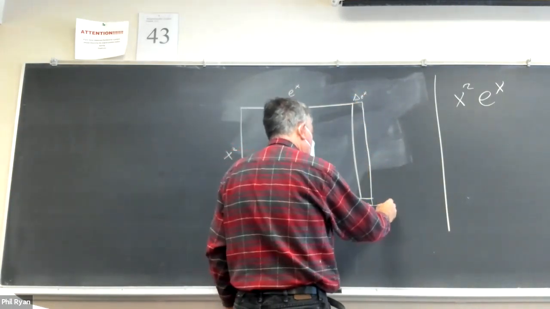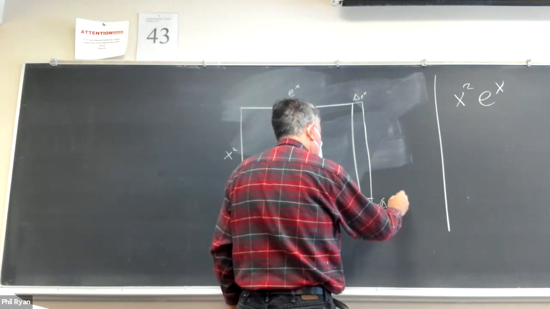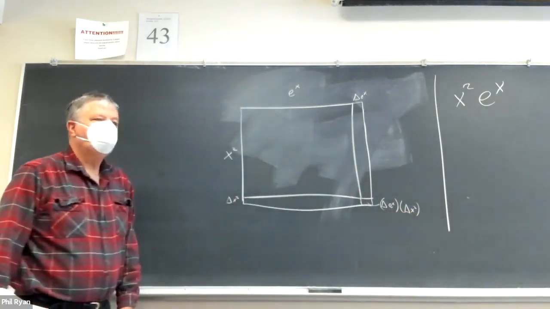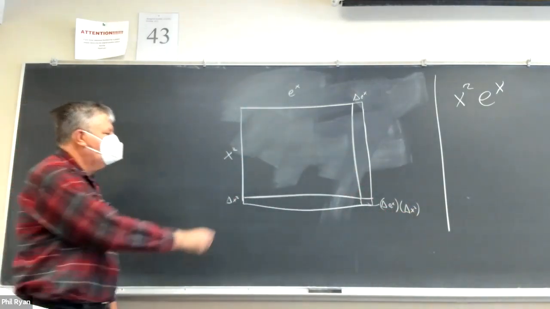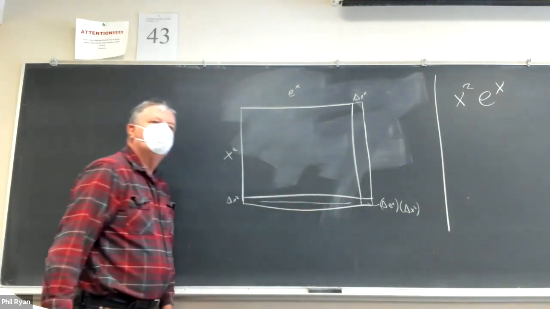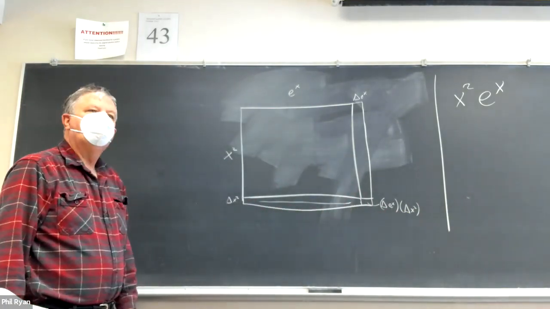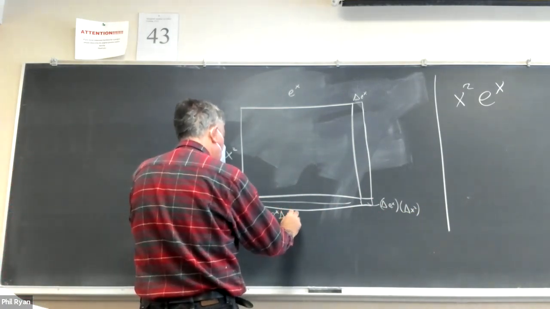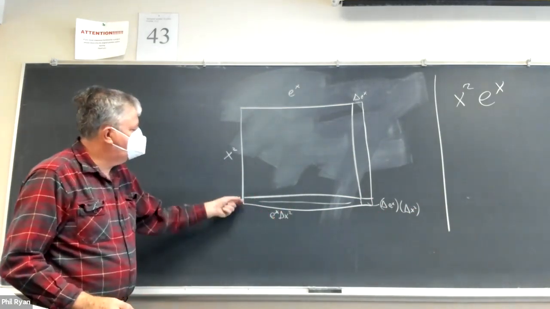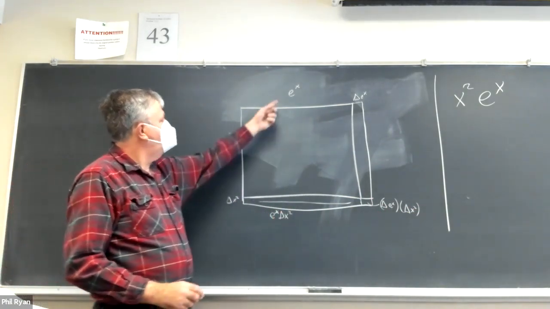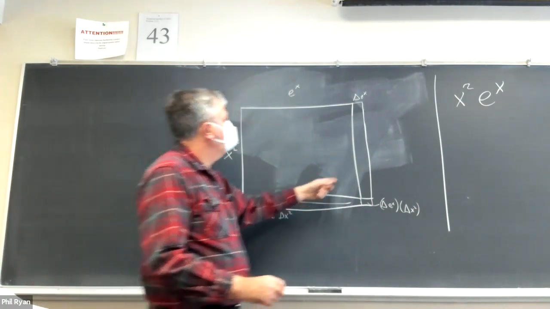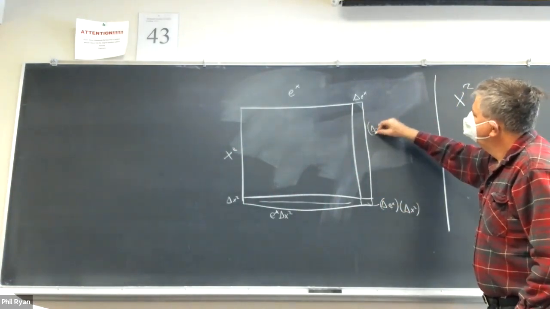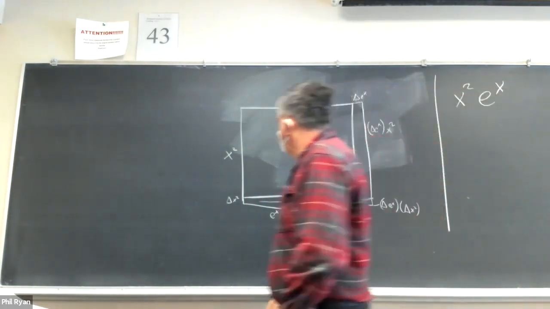And this little bit here is a change in e to the x times the change in x squared. What is this area here? It's e to the x times the change in x squared. So if this thing changes by a little bit, it gets multiplied by e to the x. If this thing changes by a little bit, we've got to multiply it by x squared.